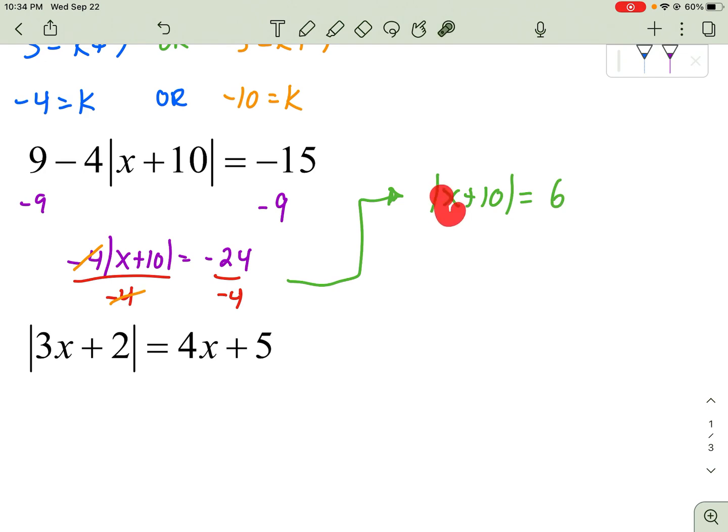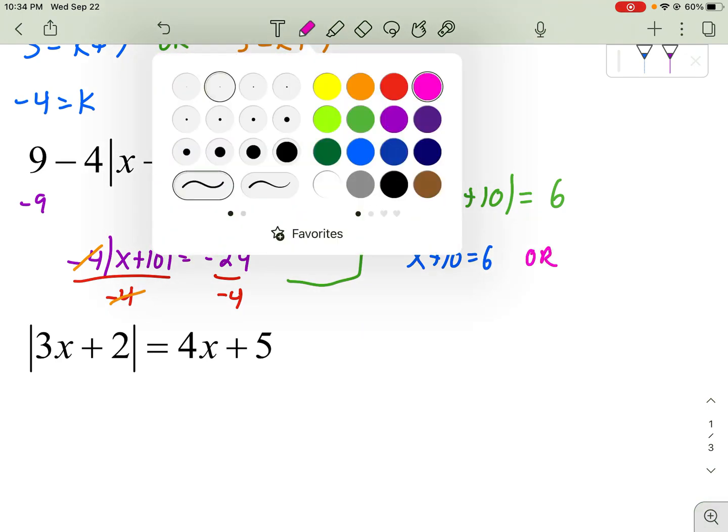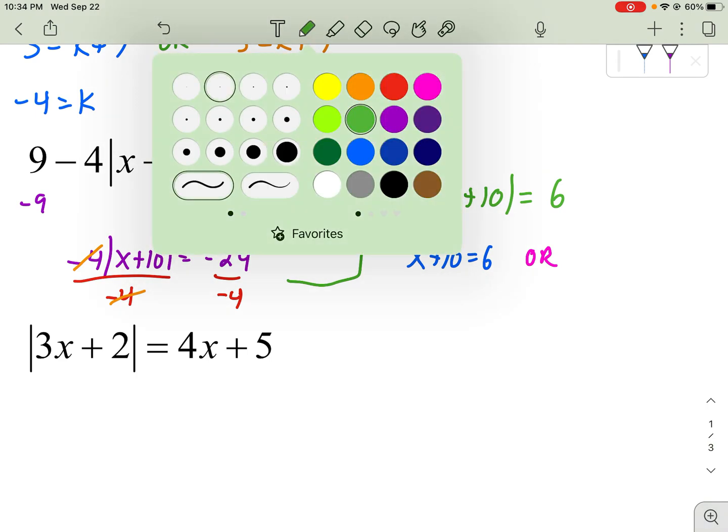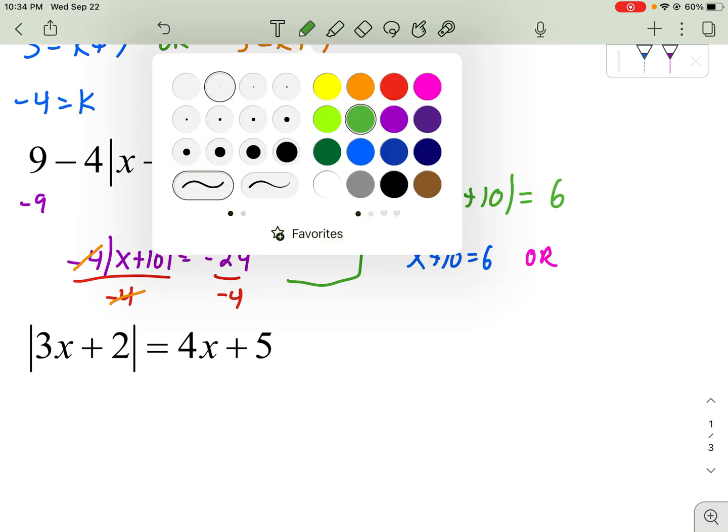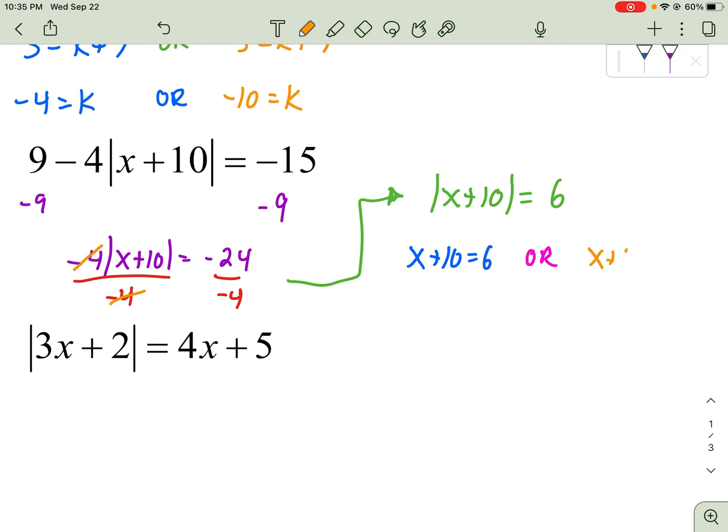So now we're looking for two x values in here, one that gets us 6 because the absolute value of 6 is 6, and one that gets us negative 6 because the absolute value of negative 6 is also 6. So now this is like every other problem we've done so far. We can set up two different cases where x plus 10 equals 6, or x plus 10 equals negative 6.